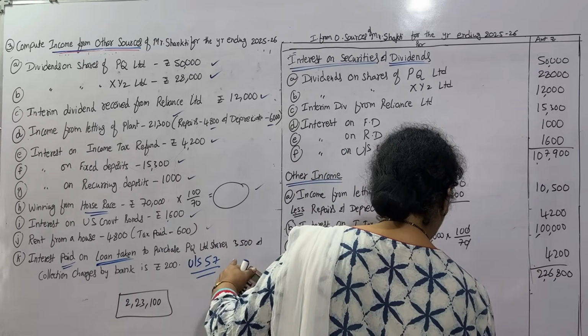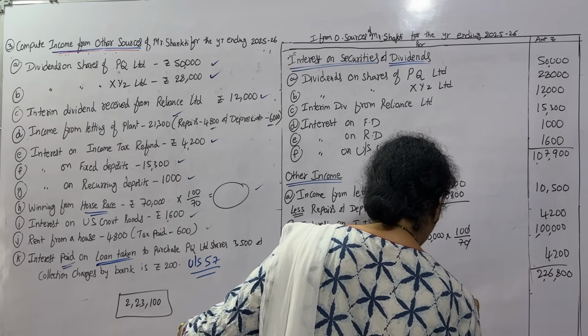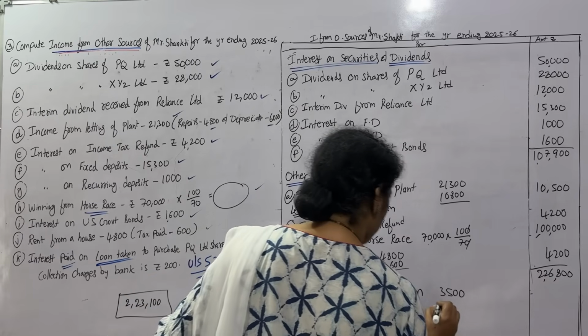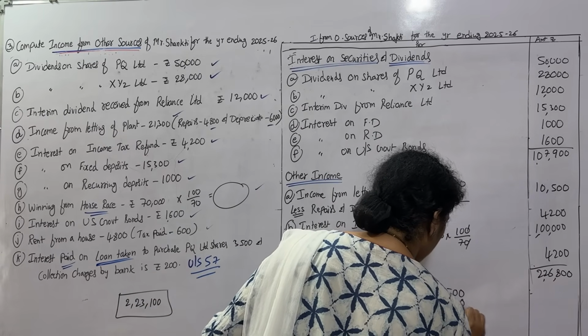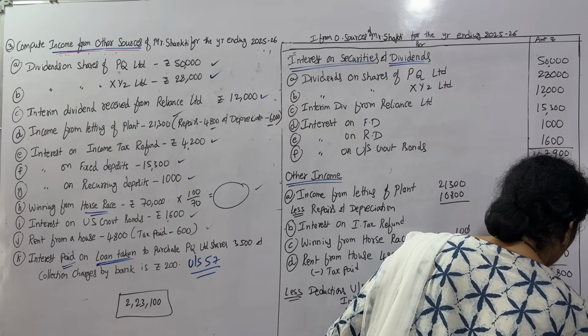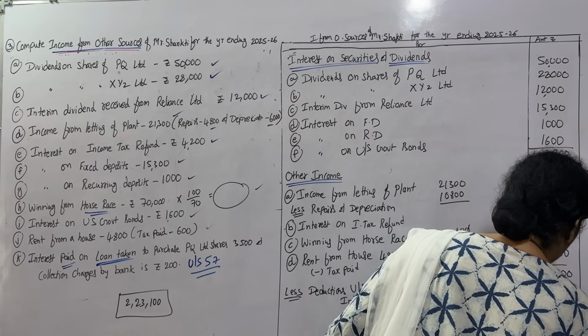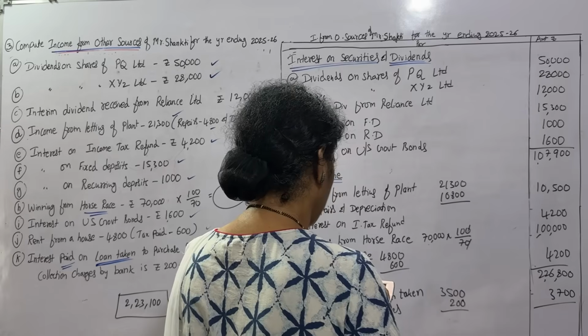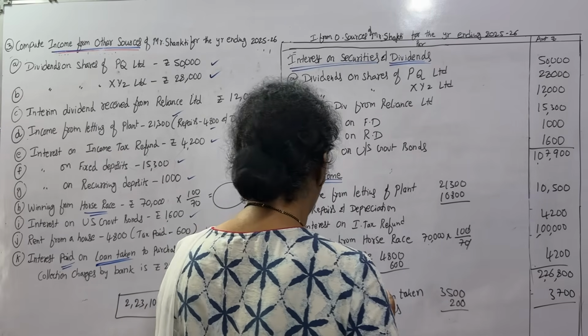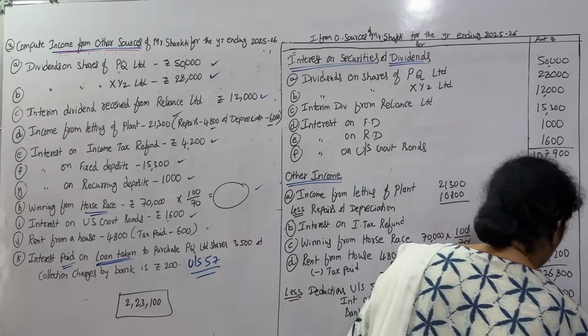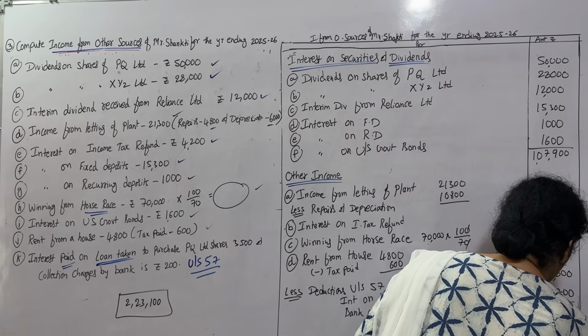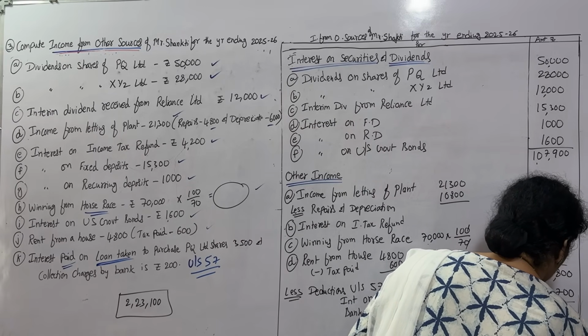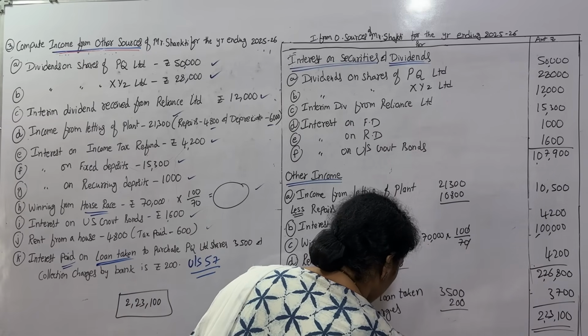Interest on loan amount 3,500 and bank charges 200, 3,700. If we deduct 3,700, 2,23,100. This is income from other sources.